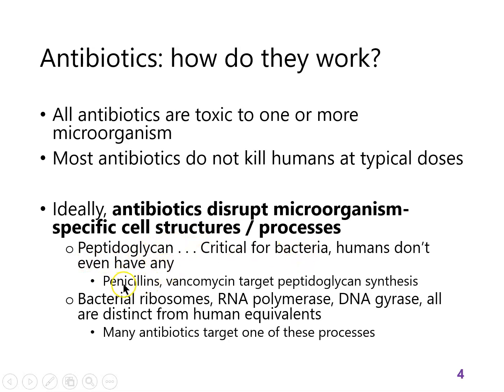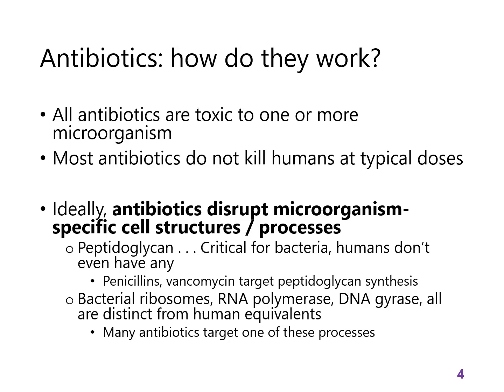The penicillins and the cephalosporins, and that's a huge group, and vancomycin, they all target peptidoglycan. But also, bacteria have slightly different versions of things like ribosomes and RNA polymerase and DNA polymerase.